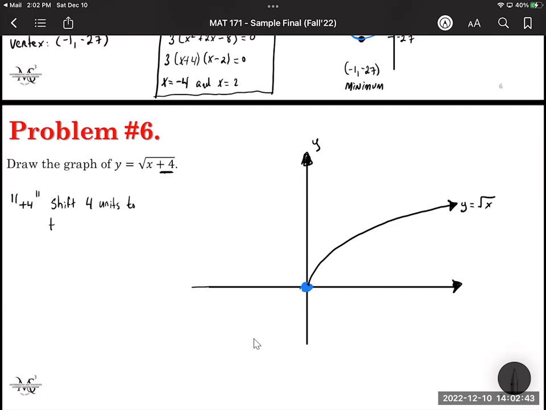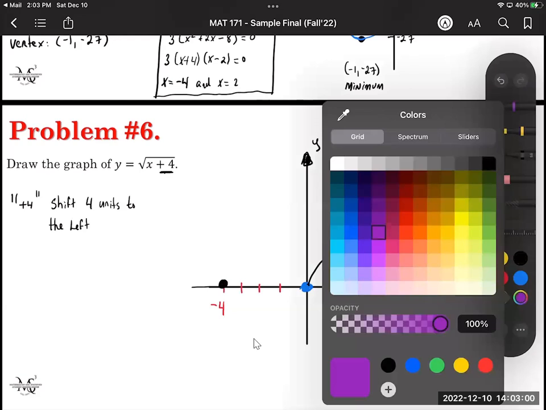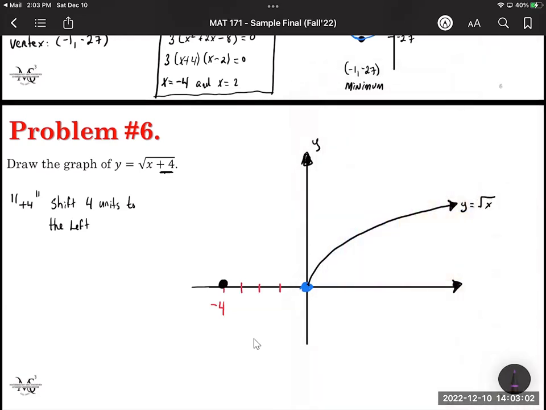Left. That's right, you shift 4 units to the left. So starting from the origin, I move 4 units to the left: 1, 2, 3, 4. You get -4. That's going to be our new anchor point. And we just make almost the same graph of the square root function.